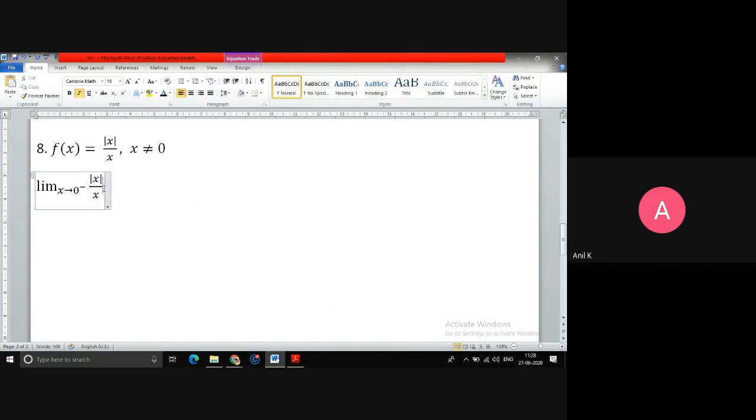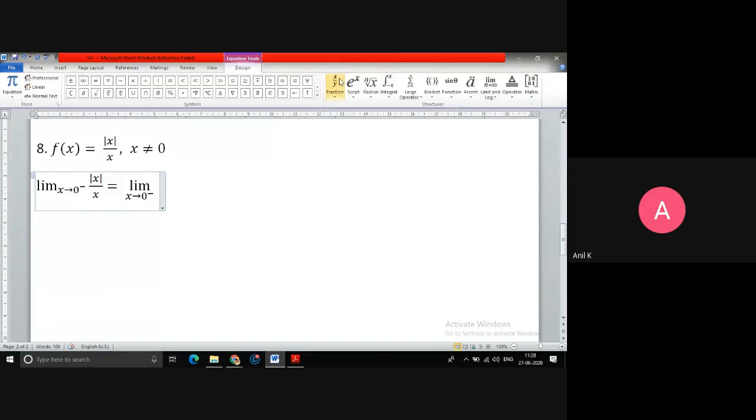So which is equal to, I'll get limit x tends to 0 minus. Now 0 minus means left of 0. Left of 0, all you have are negative values. Am I right? Left of 0 is all the negative values. x is less than 0.